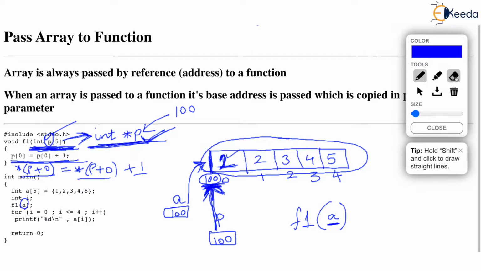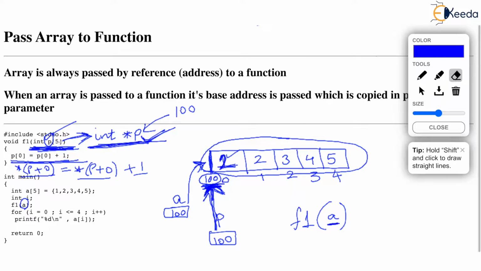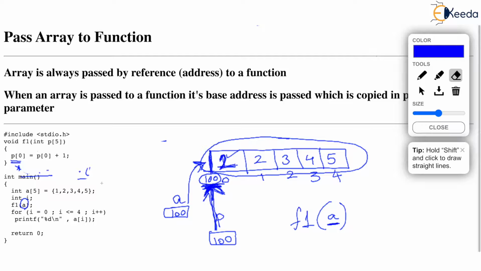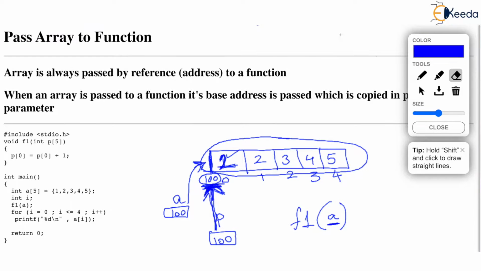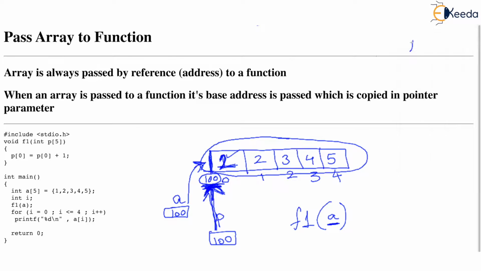Programmer's convenience, I am telling you. If the programmer doesn't want to know anything about what is an address and all that, and wants to write minimum code, then forget about pointers and all that. You are passing an array, you receive an array.